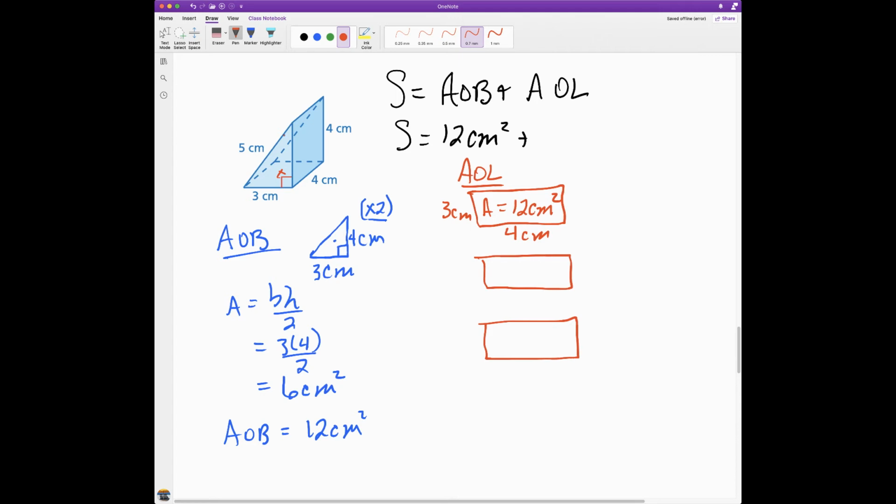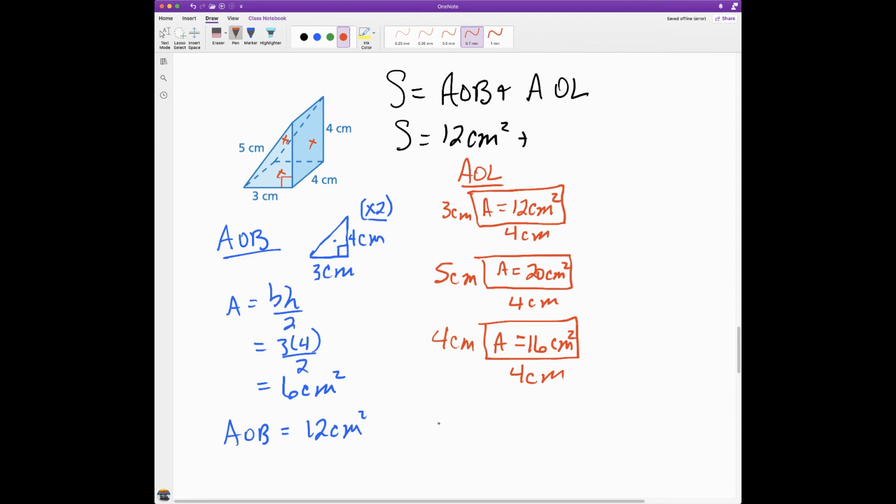The rectangle that's leaning over here, that one is 5 centimeters by 4 centimeters, and 5 times 4. So the area here is 20 centimeters squared. And then I have this face here that you can see, and this one is 4 centimeters by 4 centimeters. And so the area there is 16 centimeters squared.